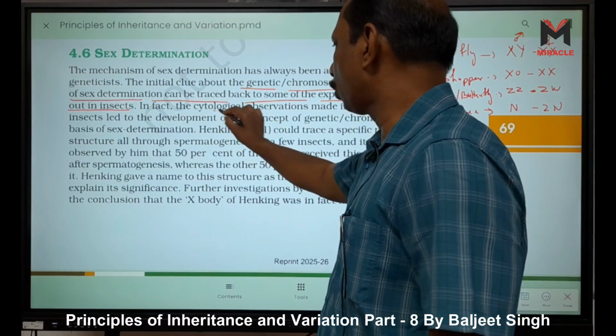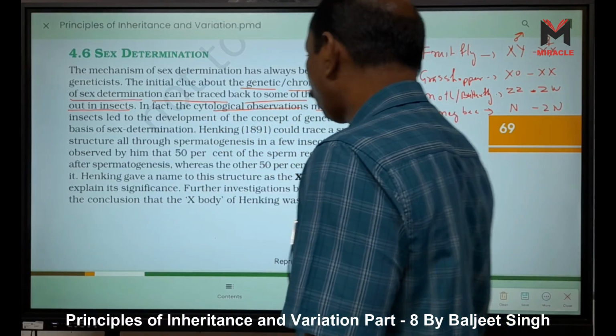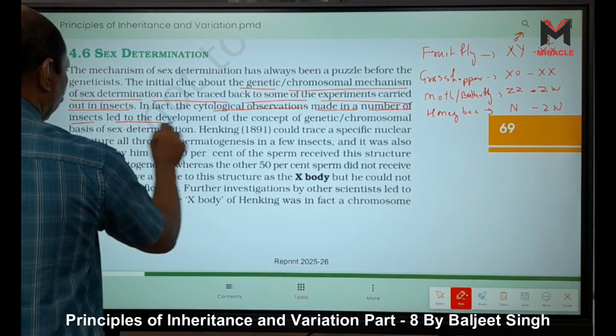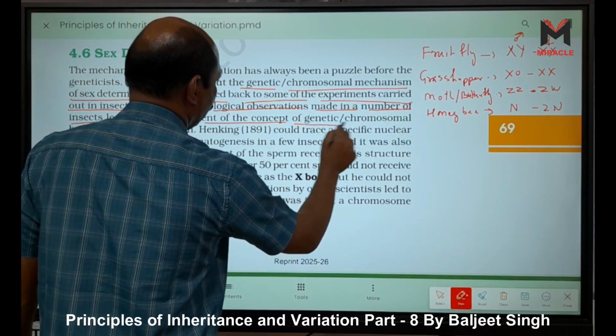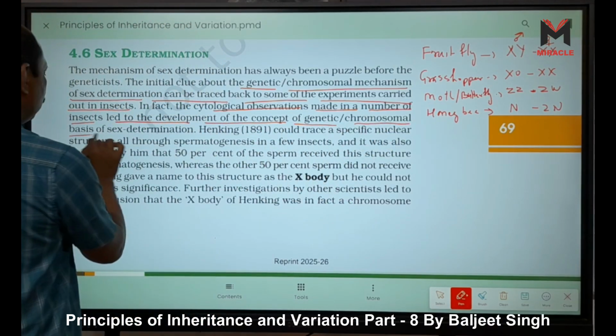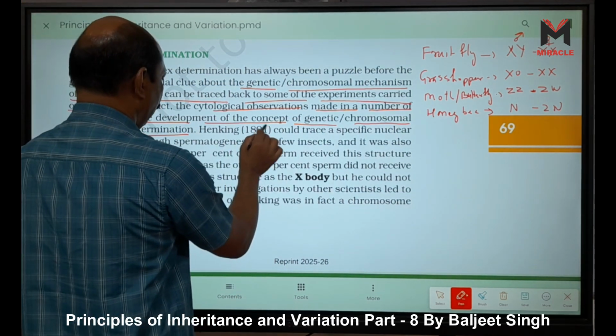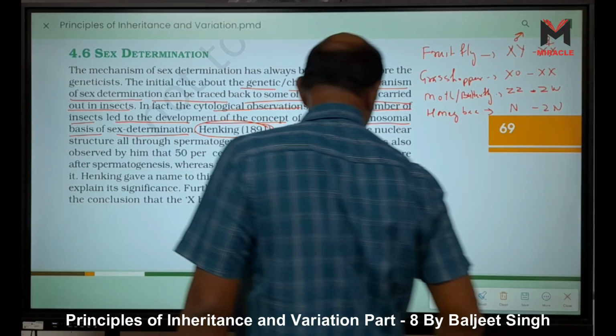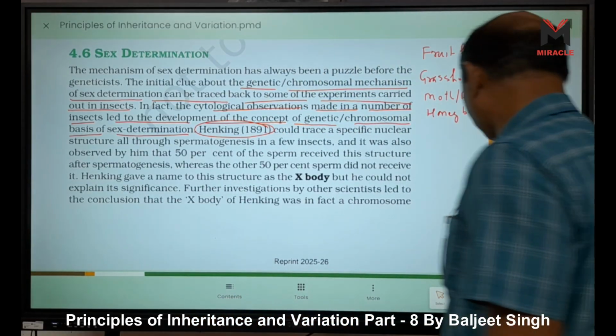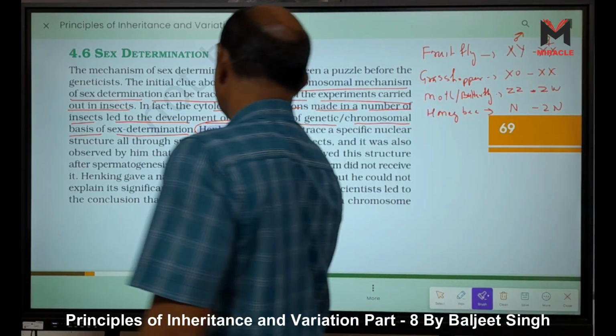In fact, the cytological observations made in a number of insects led to the development of the concept of the genetic chromosomal basis of sex determination. Henking. First it is given Henking. That is an important scientist name, Henking, right?